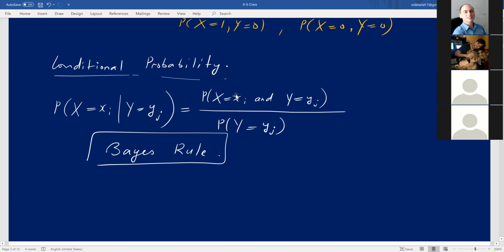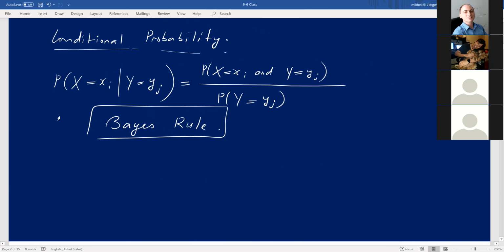Now, let me give you an example. Let's apply this expression to the example that we have above. First of all, if I ask you, what's the probability that you pass eco 4000, given, or conditional on, that you already passed finance 3000?